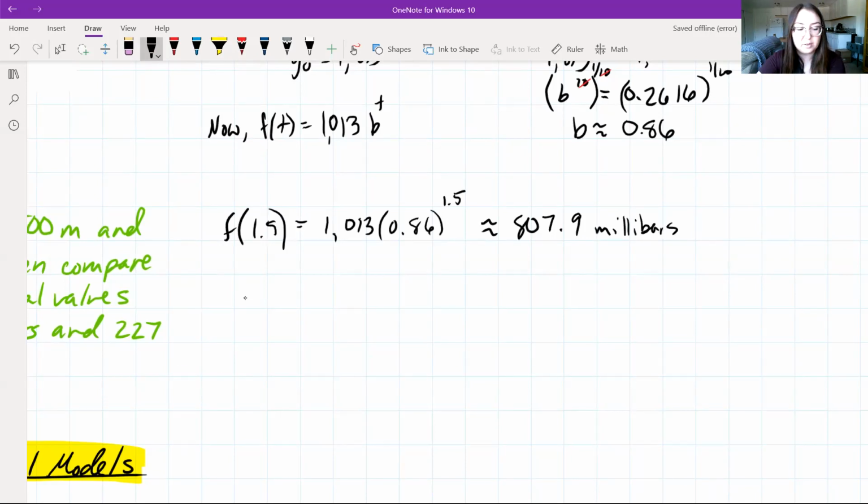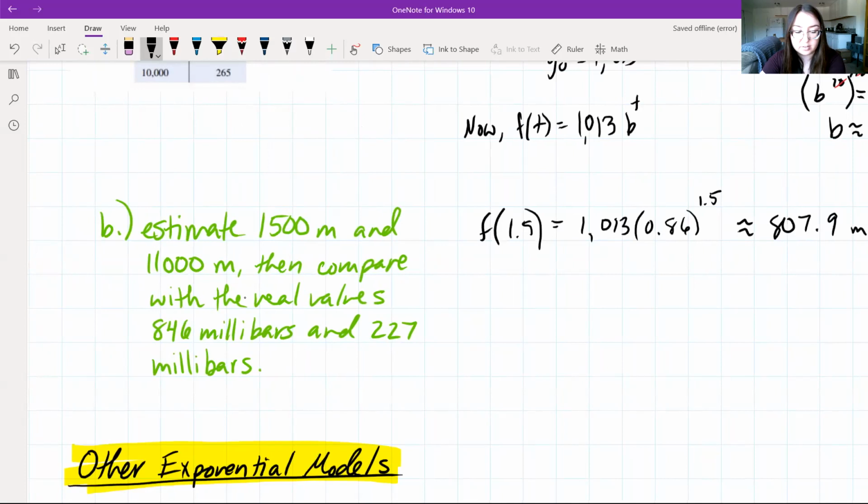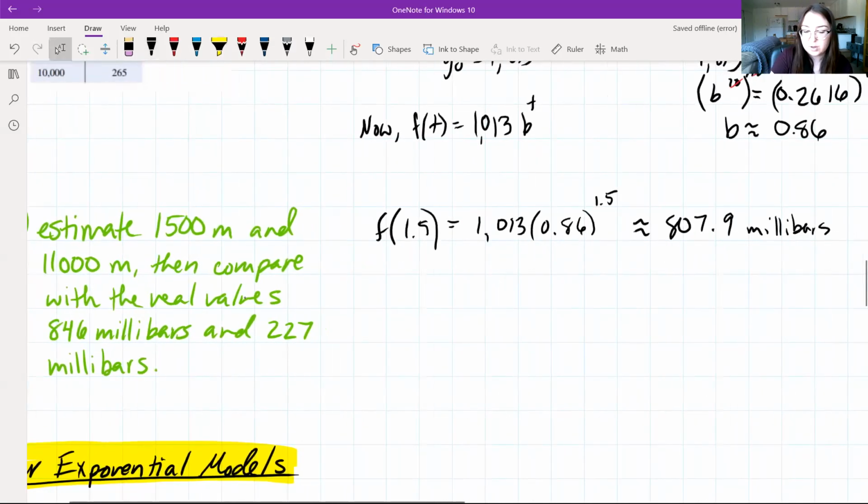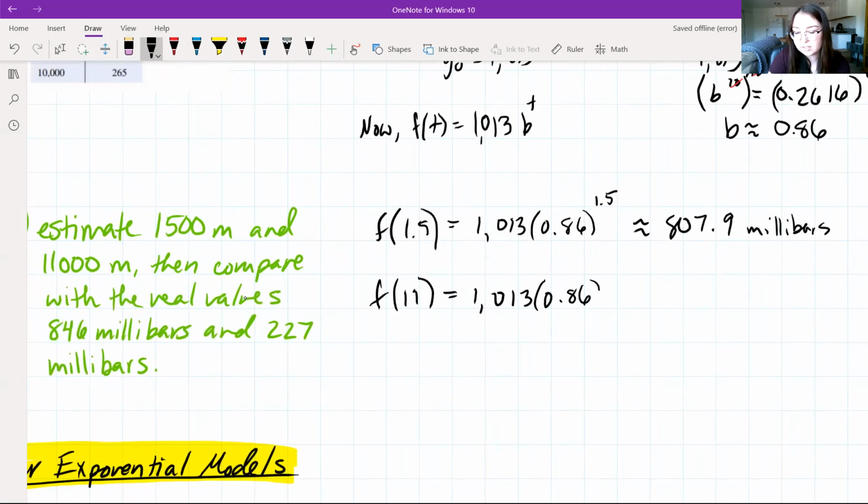And then we want to calculate for 11,000 meters. So we're going to calculate f of 11 is equal to 1,013 times 0.86 to the 11th power. So once again, feel free to take a moment and pause the video if you would like.